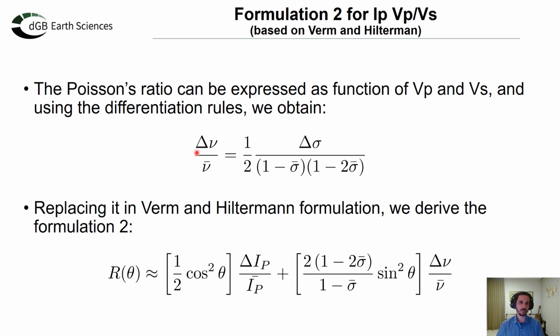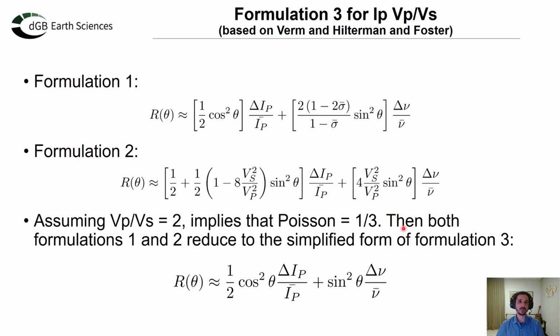Using some derivation rules, we have this equation here, and then when we replace it in the Verm-Hilterman equation, we derive this second formulation. And the third formulation we obtain when we assume that the average of the Vp-Vs ratio is 2.